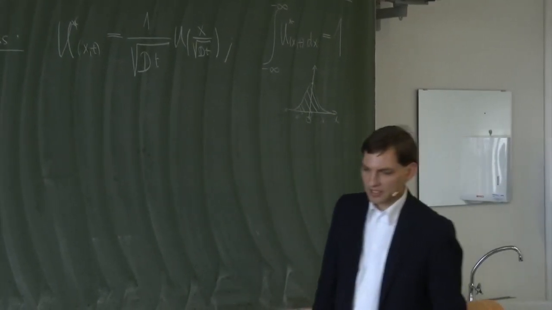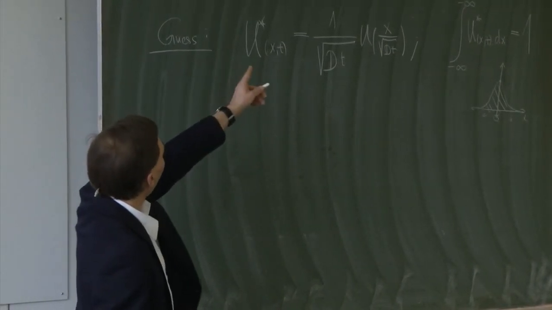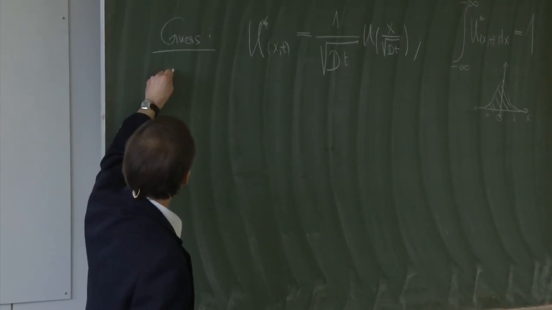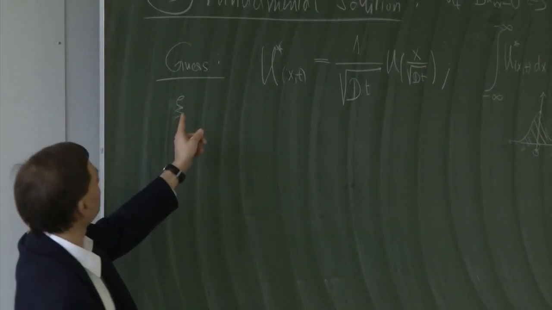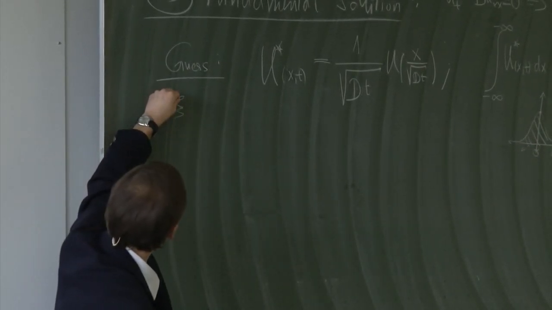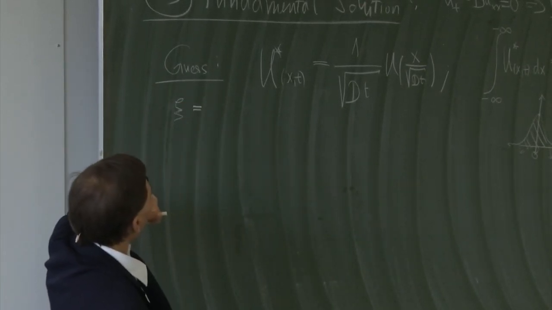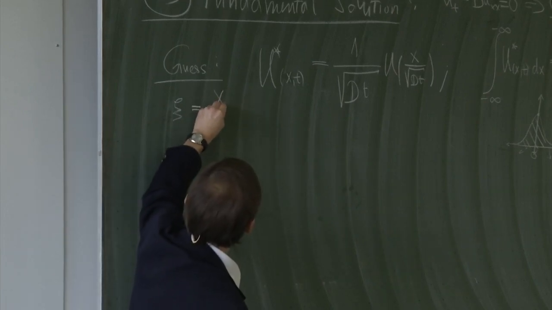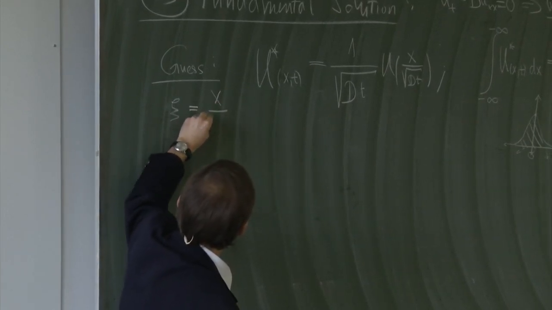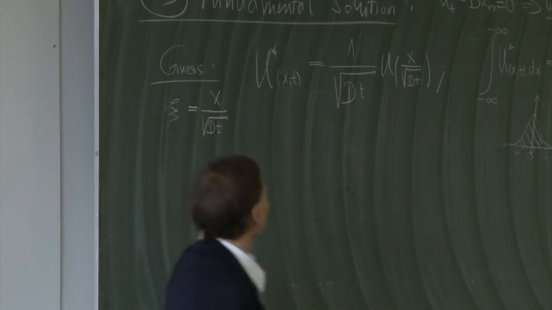First step here is the following. Let me define and simplify my solution guess by the following variable. I introduce this variable, xi, which looks like this. It's a Greek letter, xi. And xi is defined as x over square root dt.